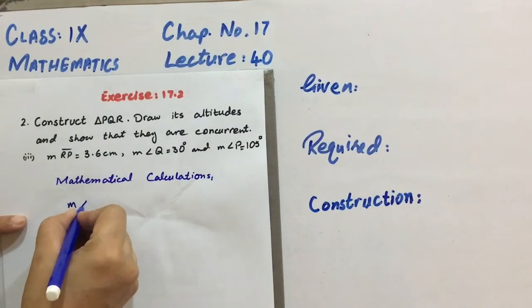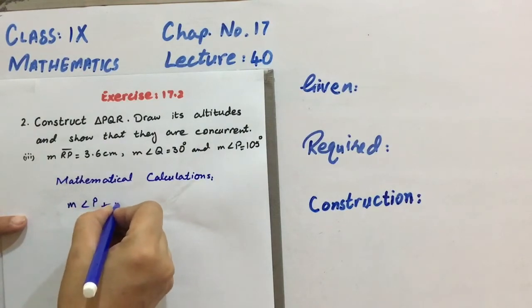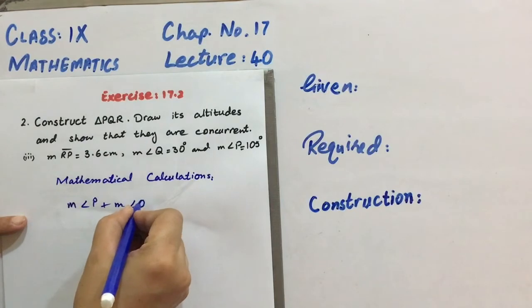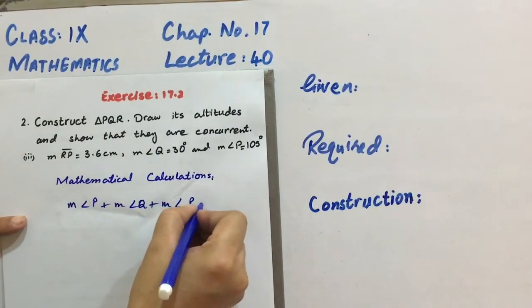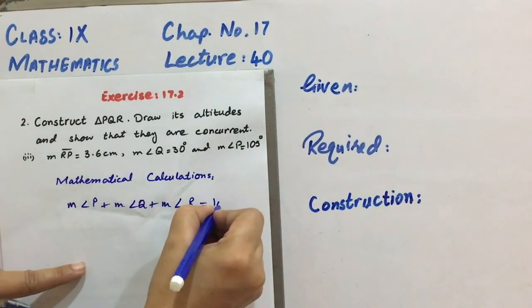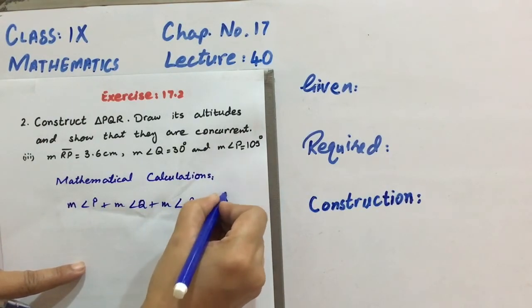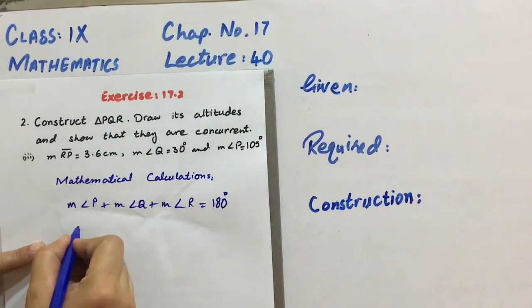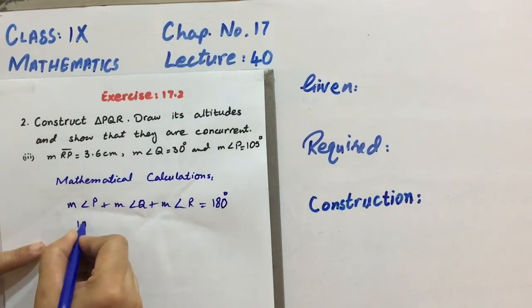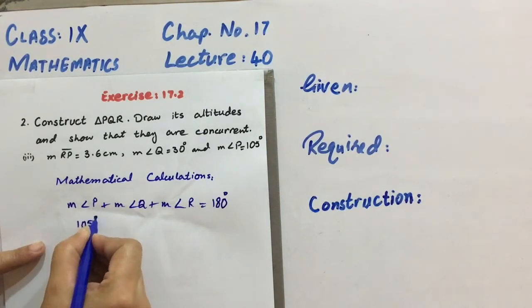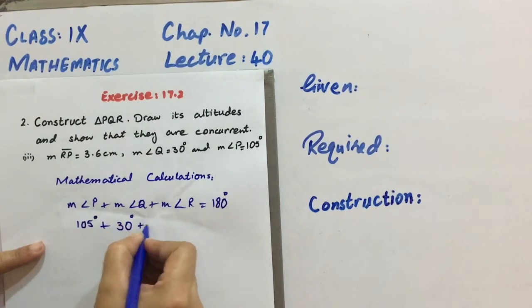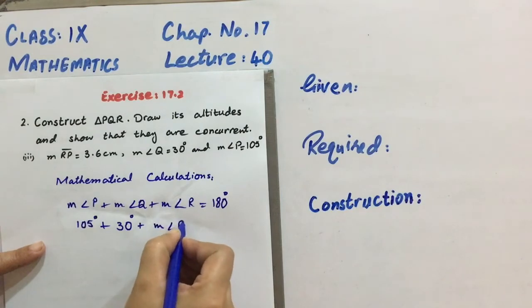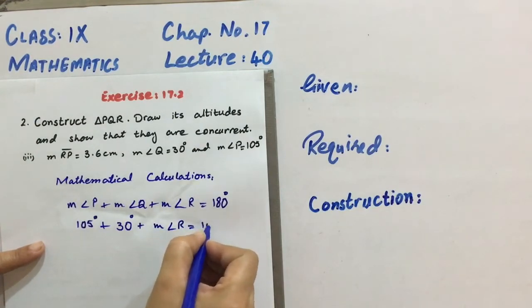Measure of angle P plus measure of angle Q plus measure of angle R is equal to 180 degrees. Now angle P is 105 degrees, whereas angle Q is 30 degrees, and we have to find angle R, which is missing.